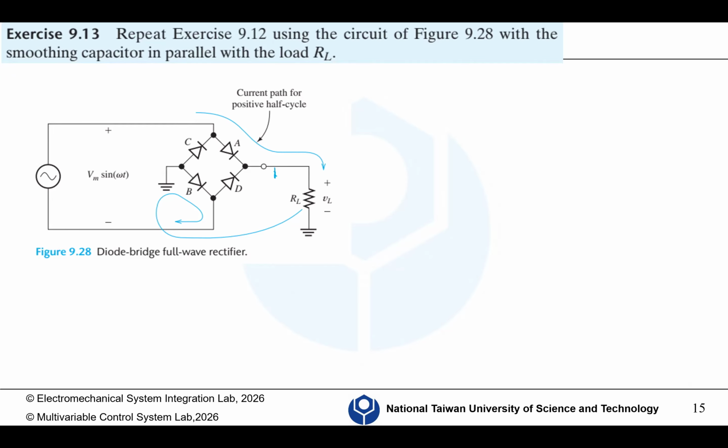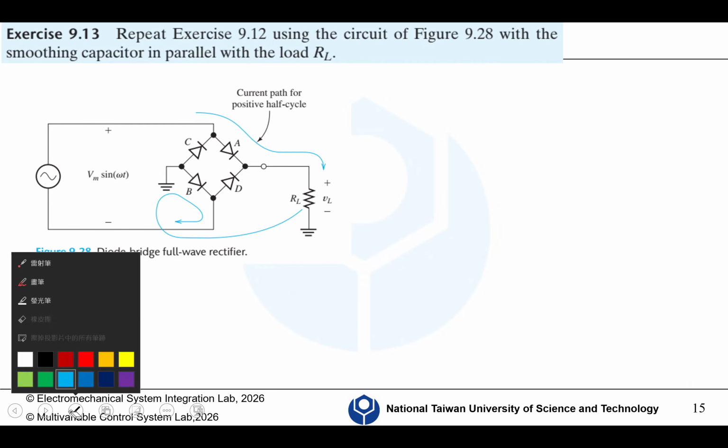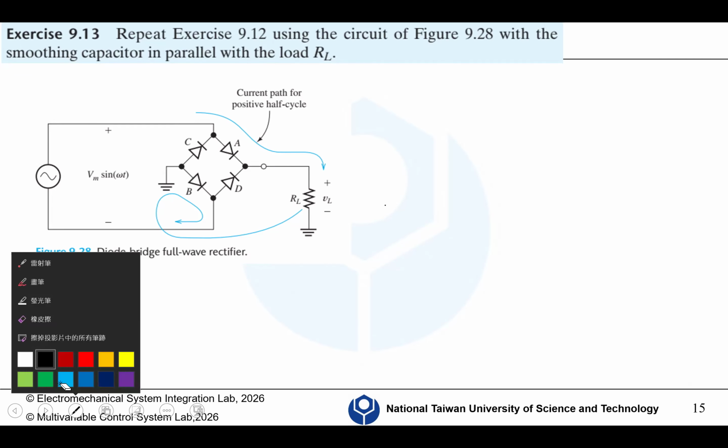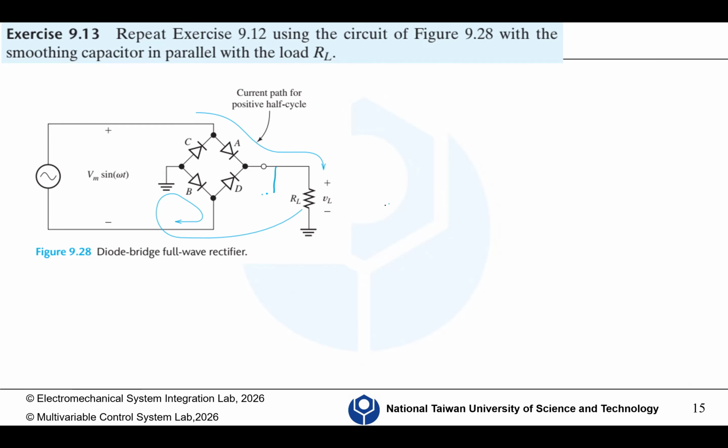We add a capacitor here. If both of them are grounded, that means they are connected. And this is C. And so let's redraw this figure again.